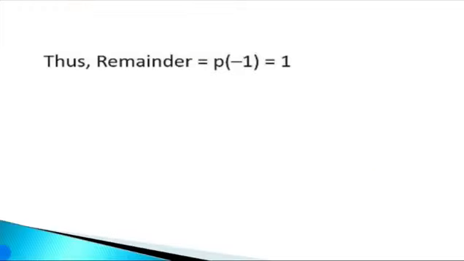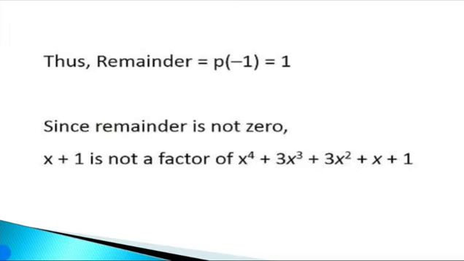Thus remainder equals p of minus 1 equals 1. Since remainder is not 0, x plus 1 is not a factor of x to the power of 4 plus 3x to the power of 3 plus 3x to the power of 2 plus x plus 1. So this is the solution for sub question 3 in problem 1.